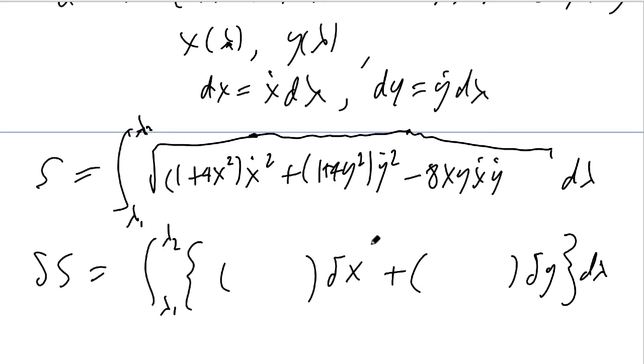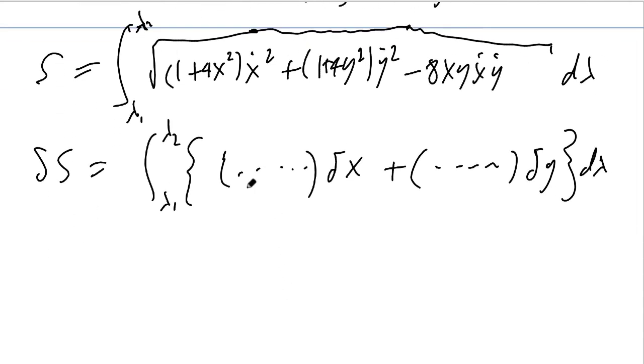Okay, we'll have to do an integration by parts on some of those terms to get rid of the dots from delta x and delta y. So these expressions in parentheses are what in classical mechanics would be Lagrange's equations when you set them equal to 0. And we set these equal to 0, and those are our equations of motion, our geodesic equations in this context.